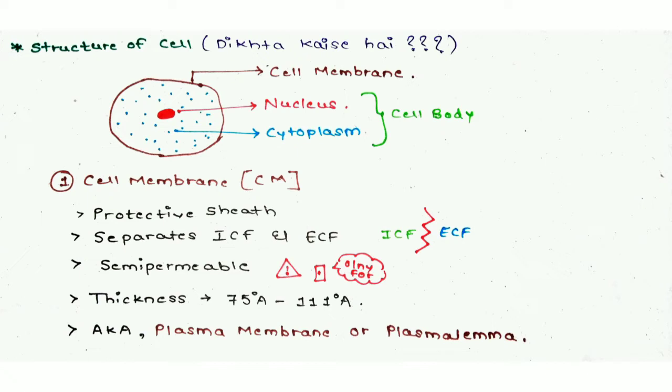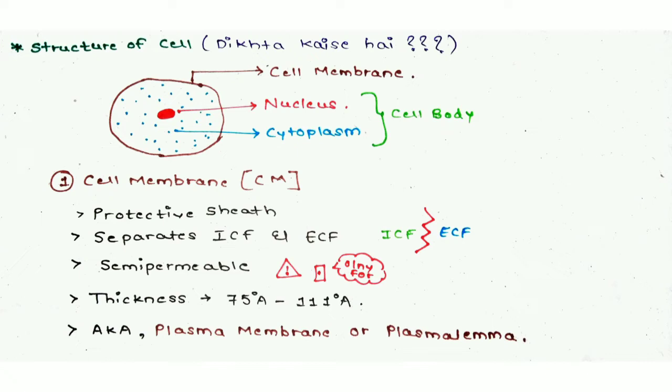Let's start with the first one, the cell membrane. I'm denoting it with a capital C and M. The cell membrane is the protective sheet or covering of the cell body, and it creates the boundary between the ECF and ICF. It is also a semi-permeable membrane.